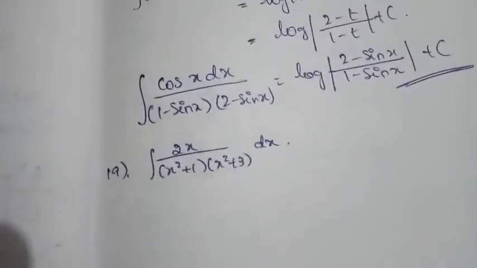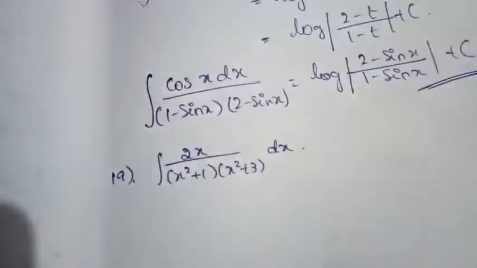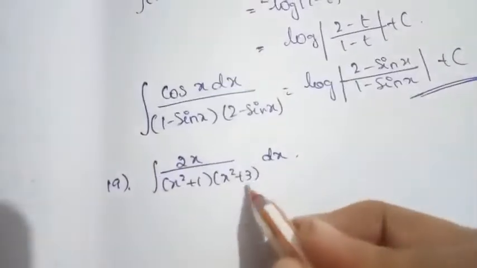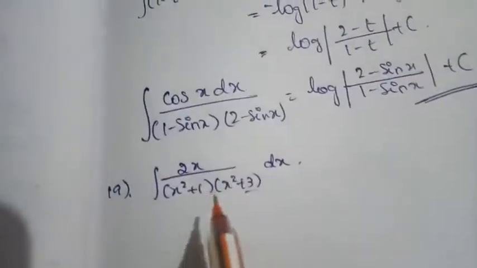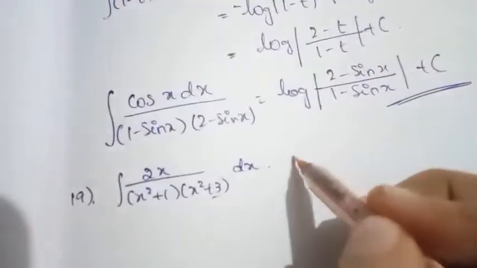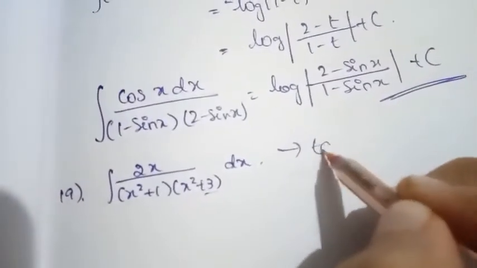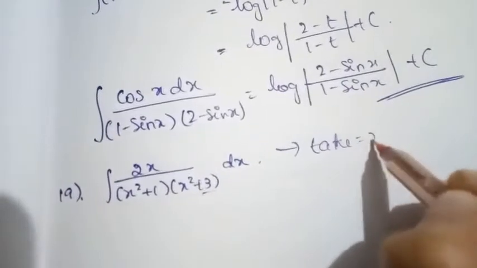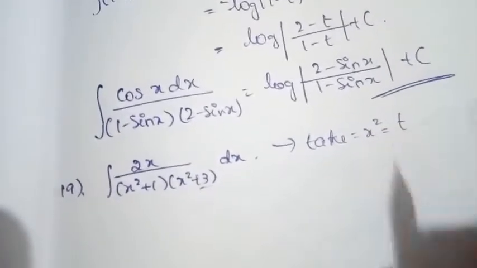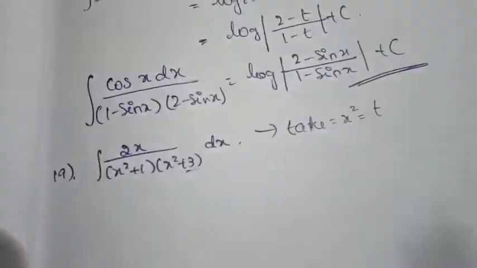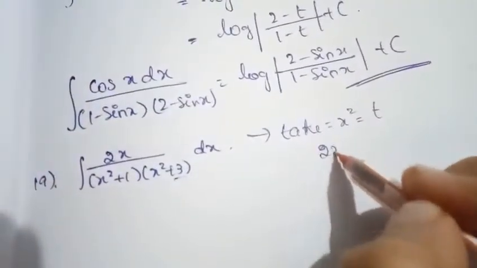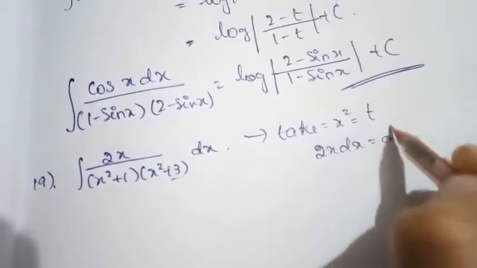The next question is, we need to find the integral of 2x divided by (x square plus 1) into (x square plus 3) dx. I am giving this one as homework with the hint that take x square is equal to t. When taking x square is equal to t, differentiate with respect to x, we get 2x dx is equal to dt.